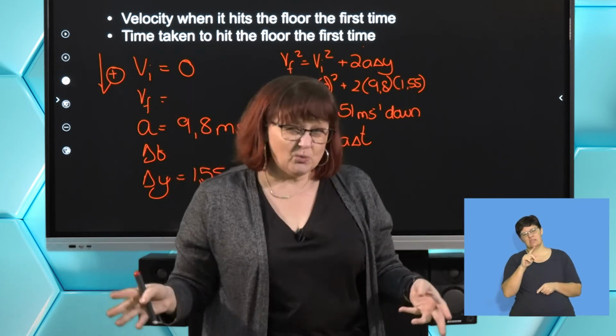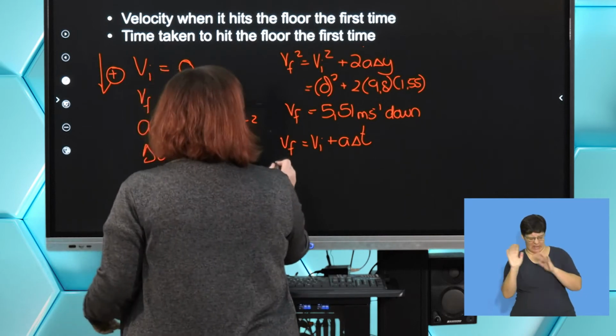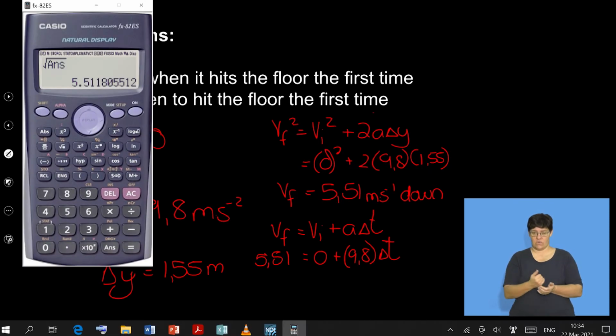But then there's a square on the t, and let's just make maths easier. So 5.51 equals 0 plus 9.8 delta t. To get time on its own, I'm going to divide 5.51 by 9.8, and I get 0.46.